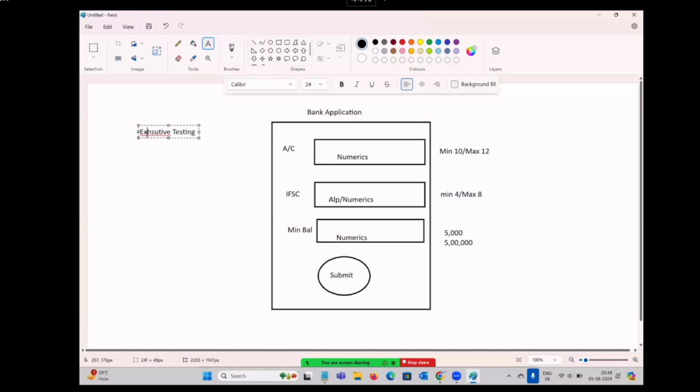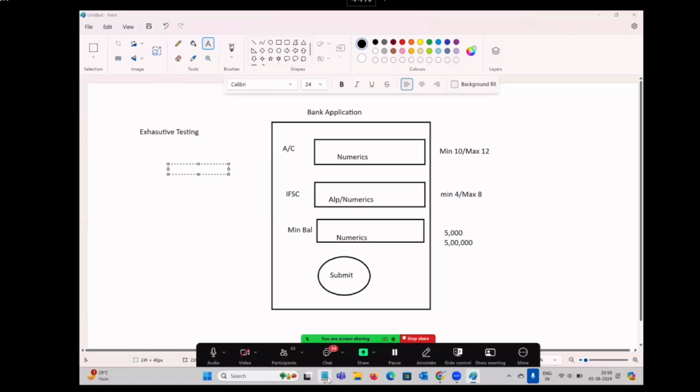So what is meant by exhaustive testing? Very simple: if we test a functionality with all possible inputs. Here, how many functionalities are there? Three. First of all, let me write.